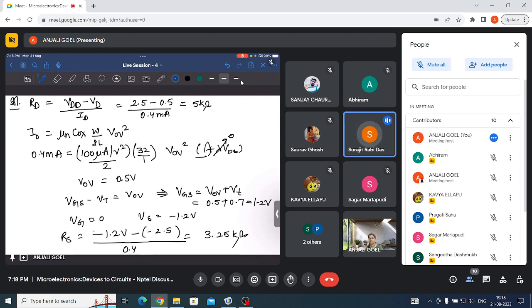For this case, it could be minus 0.5 also, the V overdrive voltage. Are we neglecting the negative part? The overdrive voltage for n type will always be only positive. This is your n type graph, right? In that we always take VGS and your VT as positive. Oh, okay, yes. So this has to be taken as positive.